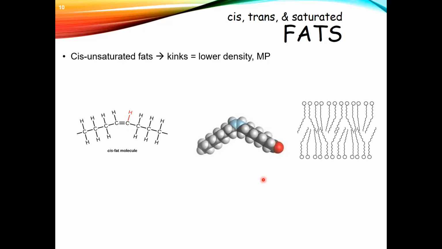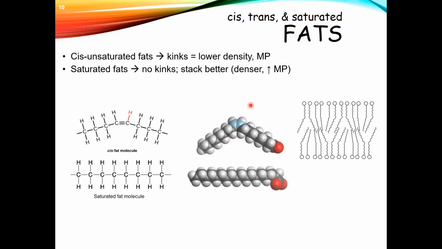Because of this bent structure, the molecules can't stack on top of each other super well. And if you have more than one double bond, so if you have a polyunsaturated fat, where you have multiple double bonds in there, it gets even harder. So these little kinks in the chain give these unsaturated fats a low density and a low melting point.